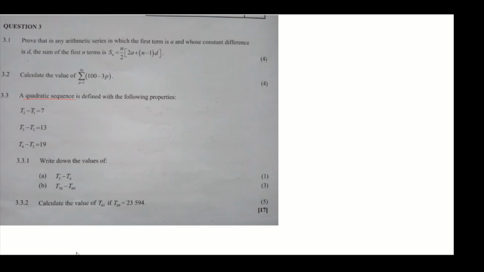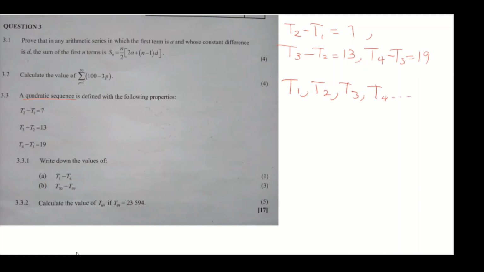We are given t2 minus t1 is equal to 7, t3 minus t2 is equal to 13, and t4 minus t3 is equal to 19. If we put this in the sequence, this is term number 1, term number 2, term number 3, term number 4, and then it continues, right?